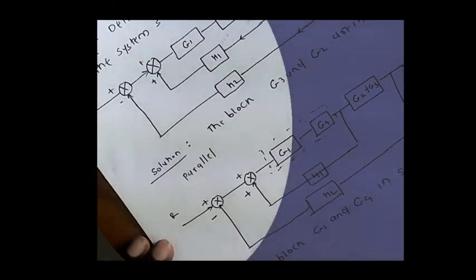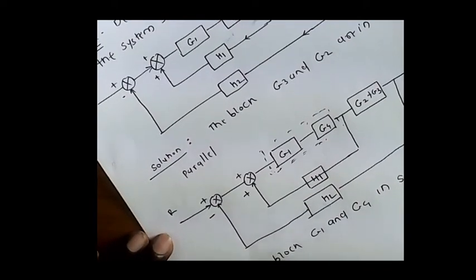When two blocks are in series, they are multiplied with each other, according to the block diagram reduction rule.